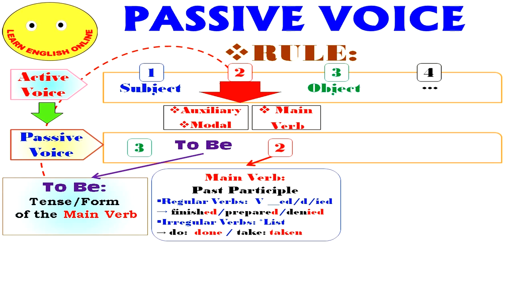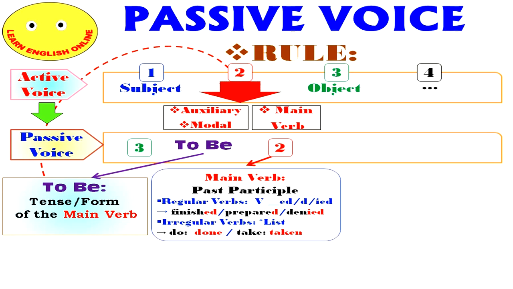And again, to form the past participle, we need to be aware of the type of the verb. When dealing with regular verbs, we add "ed," as in the example of finish, finished, or "d," as for the example prepare, prepared, or sometimes "ied," as for the example deny, denied.